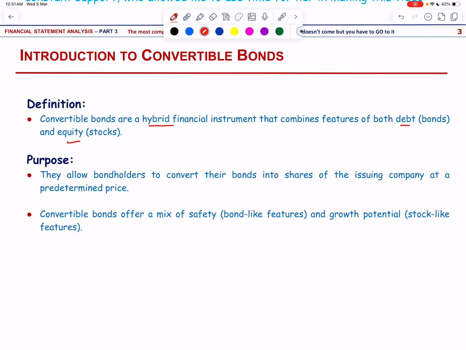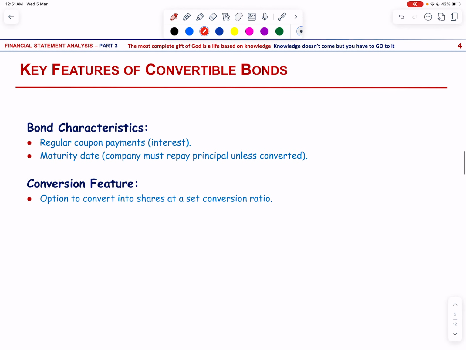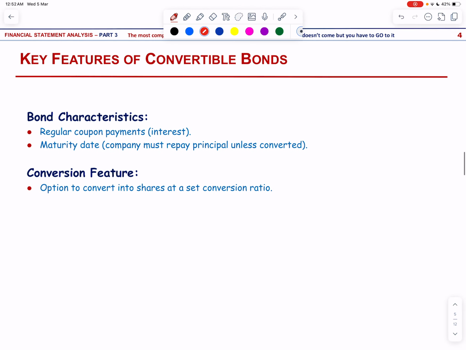Essentially, they are the bonds issued by a company that can be converted into a predetermined number of the company's shares of stock at the bondholder's discretion, usually at specific times during the bond's life and at a set conversion price. So let us break it down to see how the convertible bonds work.